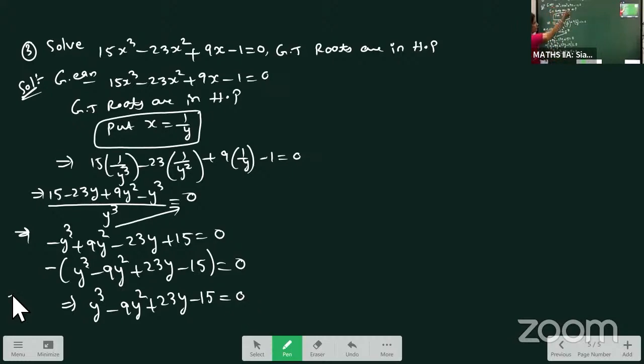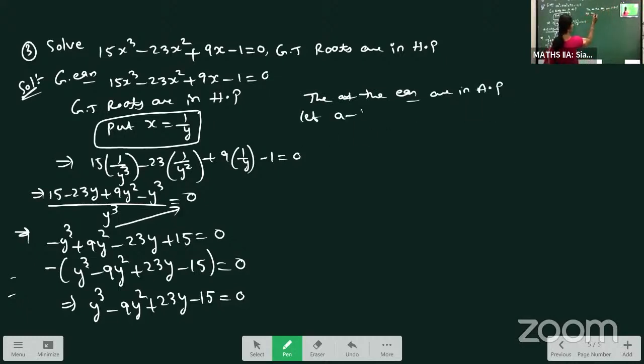The given equation roots are in HP, so the reciprocal equation roots will be in AP. Now take the AP roots: let the roots be A minus D, A, A plus D.